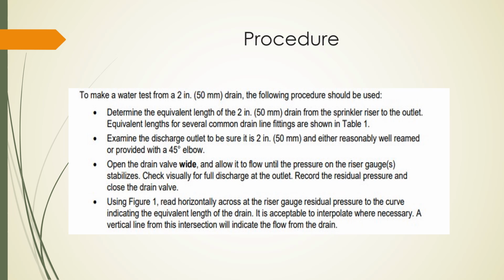Let's just go through the procedure. We're going to determine the equivalent length of the 2-inch drain. We're going to ensure that it is a 2-inch drain. And we're going to ensure that the testing has been done with valves wide open.